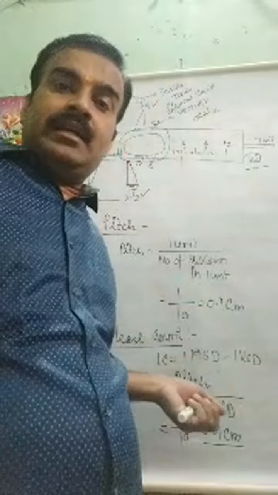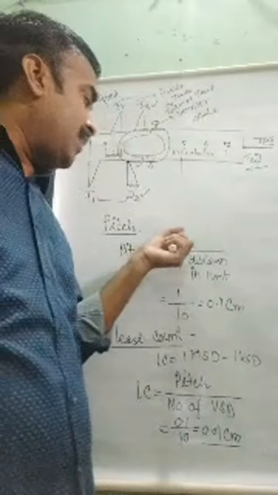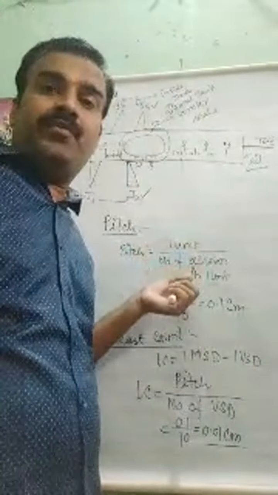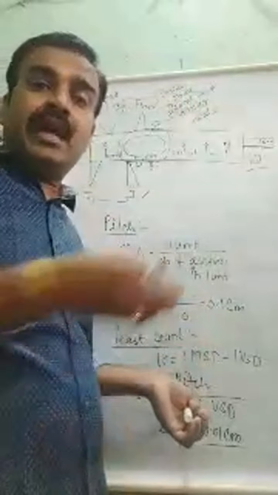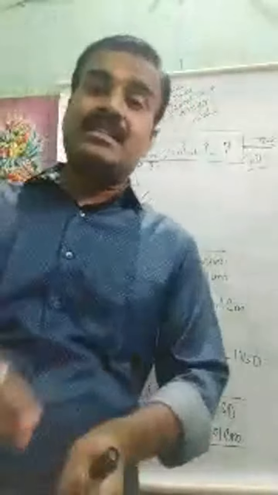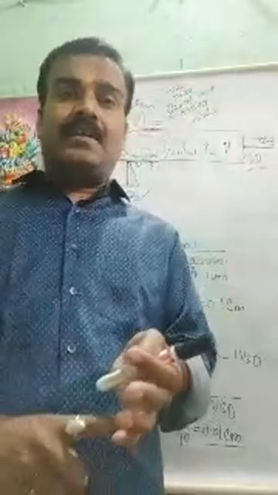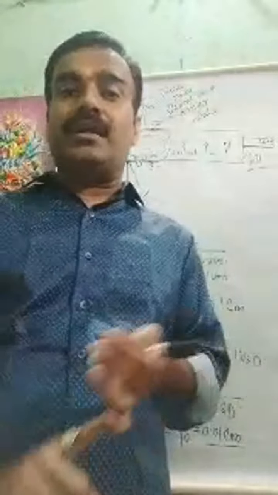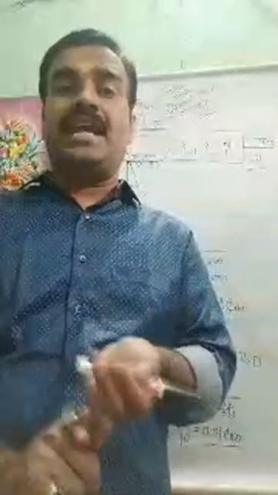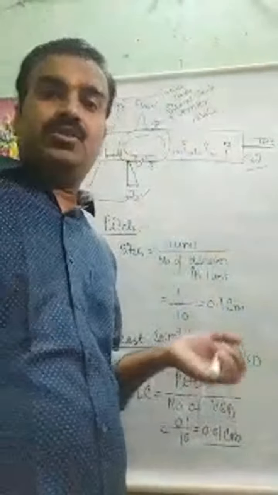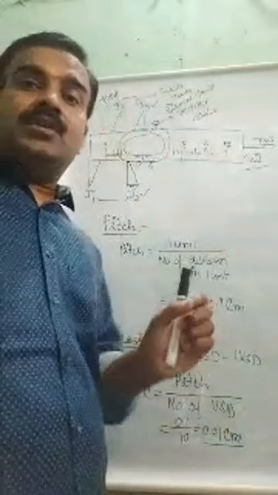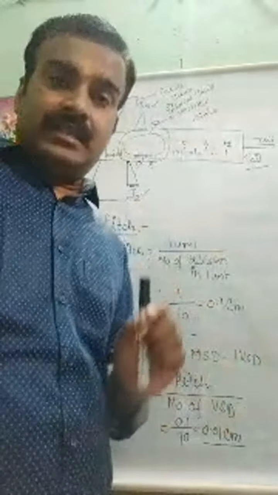Because you have already seen the formula, 1 unit upon number of divisions in the main scale, and here the number of divisions in the Vernier scale. That means once the number of divisions in the main scale or Vernier scale changes, the rest of the things will also be affected. So try to understand the concept.